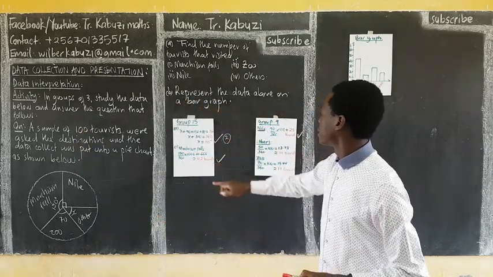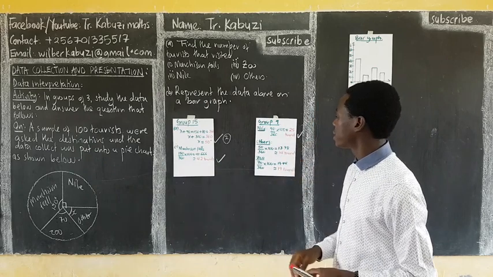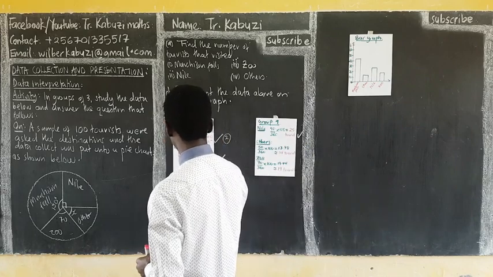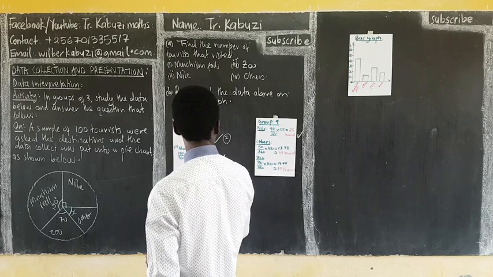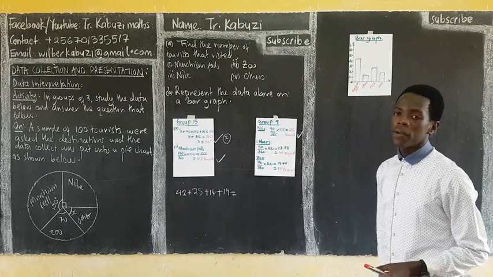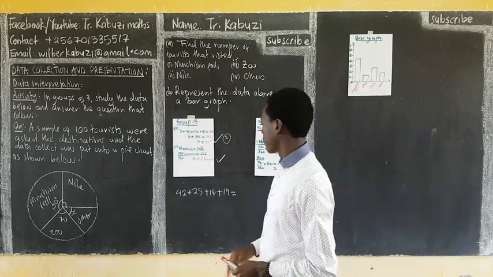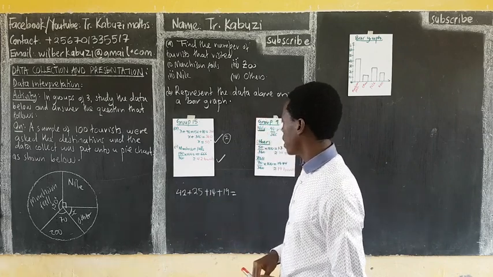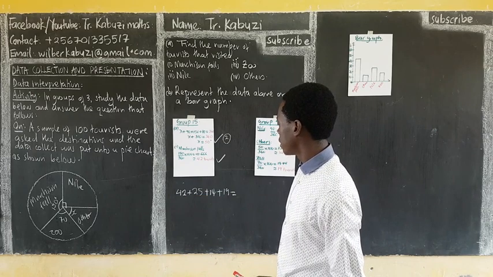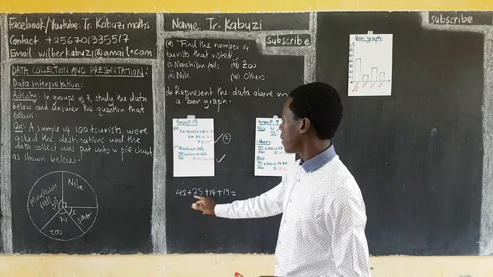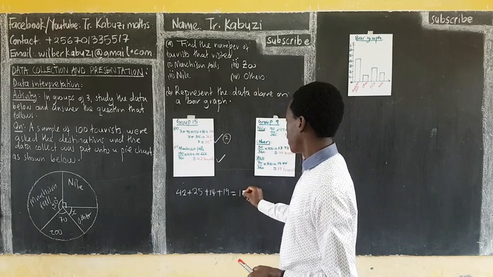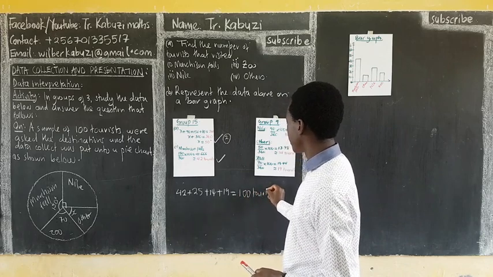So let us see. 42 plus 25 plus 14 plus 19. 42 plus 25 is 67, plus 14 is 81, plus 19 gives us 100. This is how you check.